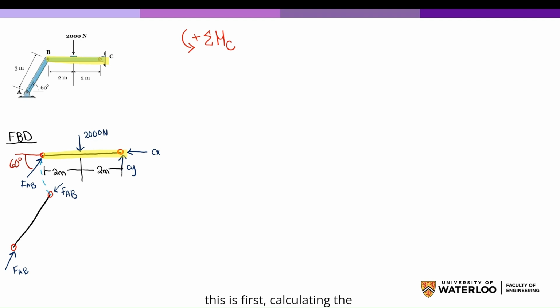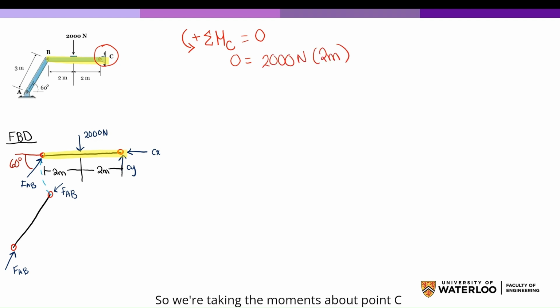So this is, first, calculating the summation of moments about point C is equal to 0. So we're taking the moments about point C to eliminate the reaction forces that are at the point of C. So 0 is equal to 2,000 newtons times 2 meters.